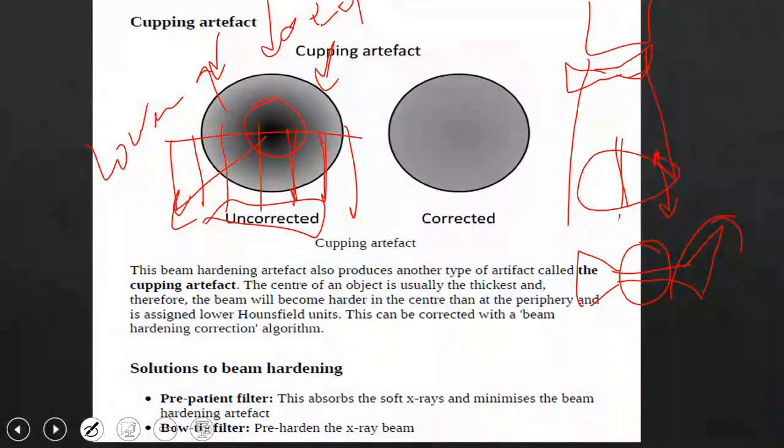Therefore, the transmitted X-ray coming from your water phantom or this cross-section will be equal. At this time, it will provide values regardless of whether this part is of higher or lower thickness.